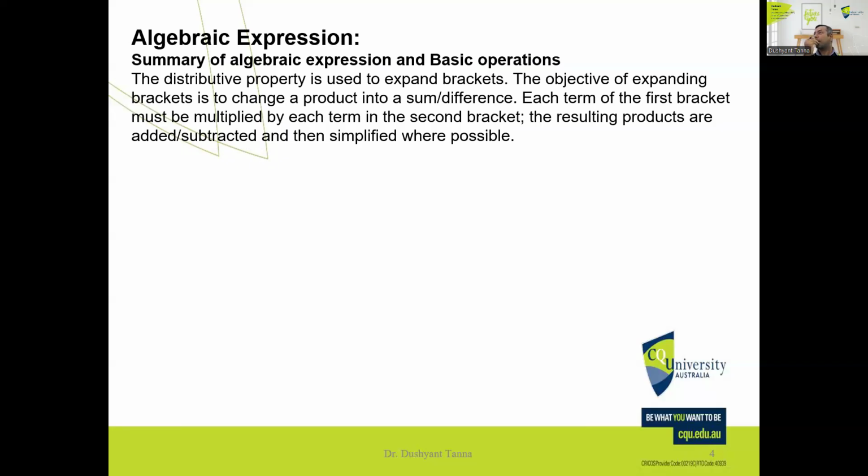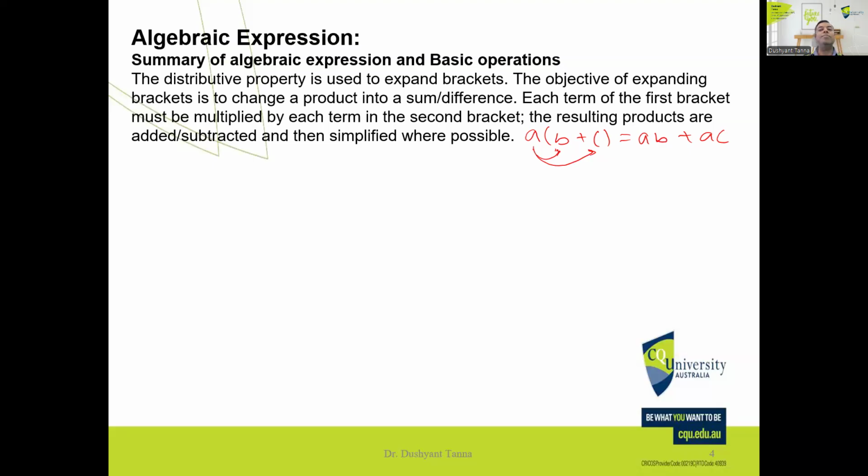If you have a bracket with two things added, and that bracket is multiplied by a number, you can multiply each thing in the bracket by the outside number, especially if you have variables. So if you have A bracket B plus C, then you call it AB plus AC. This A is multiplied with both of them. That's the distributive property. Well done.